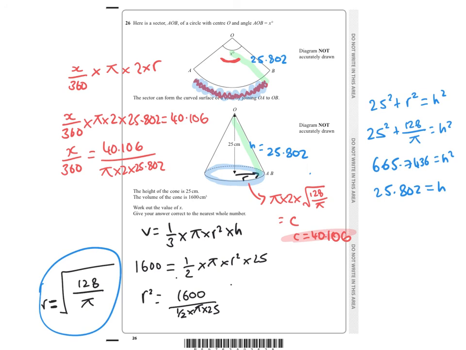If you rounded earlier, you might have slightly different. Pi times 2 times 25.802 is, so x over 360 equals 0.247, and so on. So multiply by 360. So I get x equals 89.05, which is not correct. Okay, I've gone wrong somewhere.